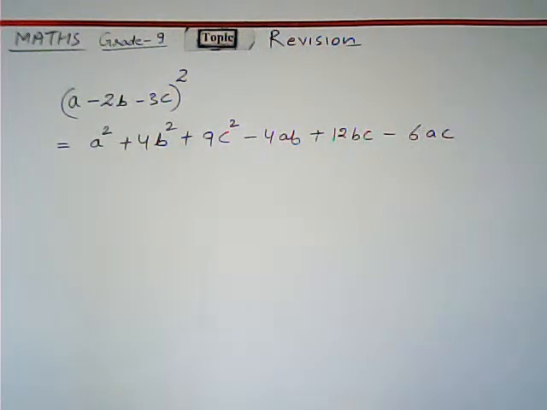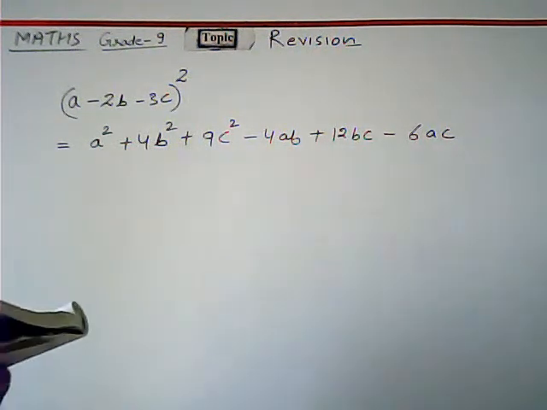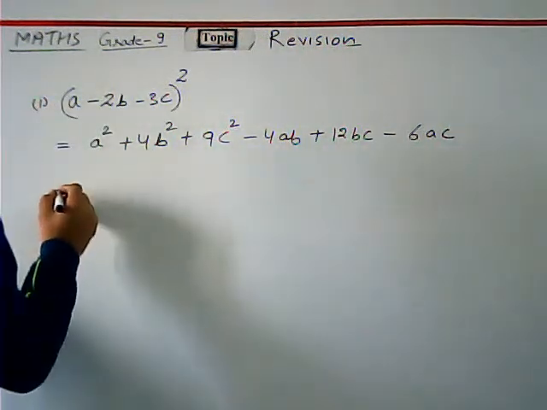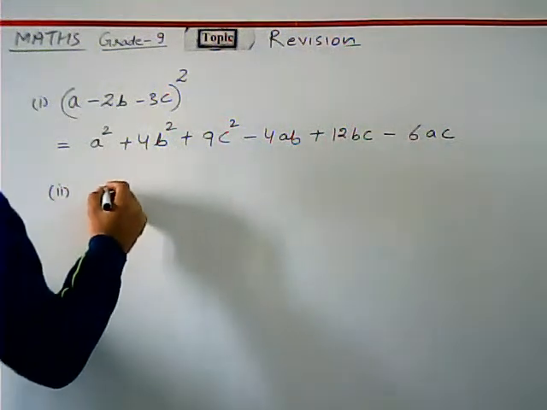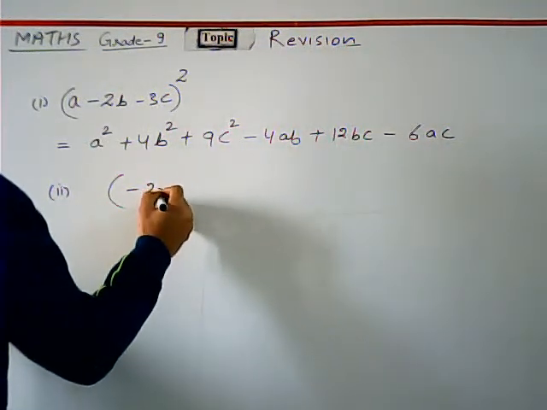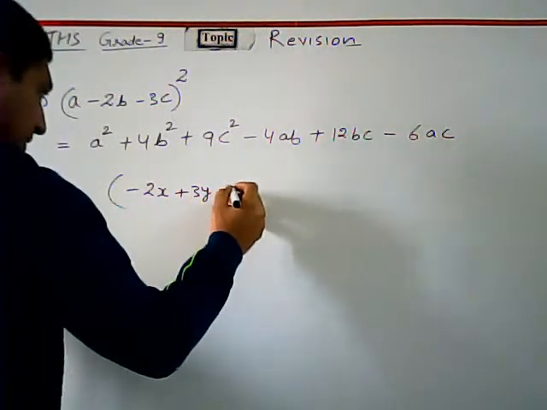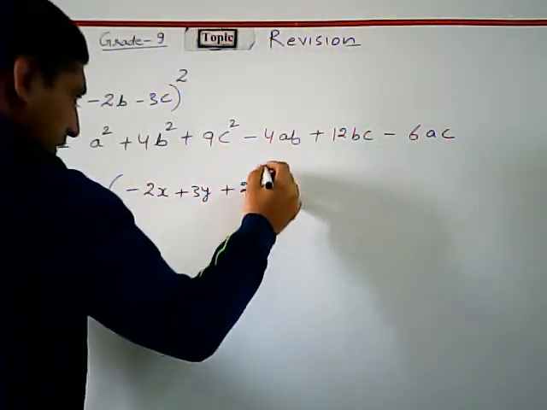You can try one more question. This is the first part. The second part question is (-2x + 3y + 2z) whole square.